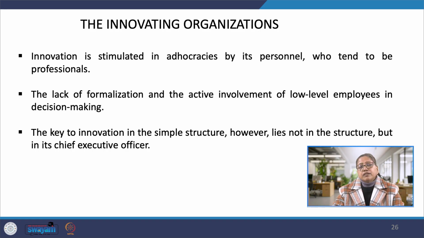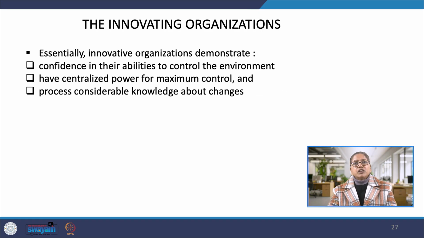The evidence indicates that the personality, power and knowledge of the CEO differentiate those simple structures that innovate from those that do not. Essentially, CEOs in an innovative organization have personality styles that demonstrate confidence in their abilities to control the environment, have centralized power for maximum control, and possess considerable knowledge about changes taking place in the organization's environment.